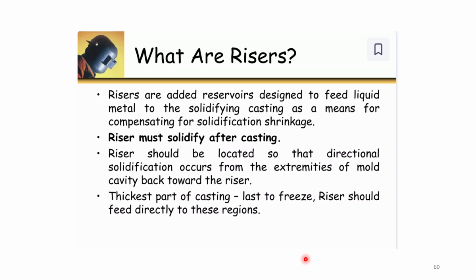Now risers are added reservoirs designed to feed liquid metal to the solidifying casting as a means of compensating for solidification shrinkage. So the riser must always solidify after the casting, and the riser should be located so that directional solidification occurs from the extremities of the mold cavity back towards the riser, and the thickest part of the casting will be solidifying last, so it will compensate most of the shrinkage.